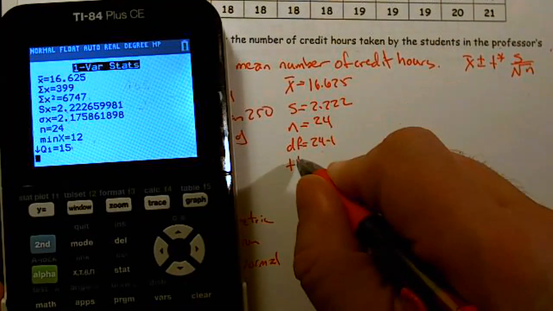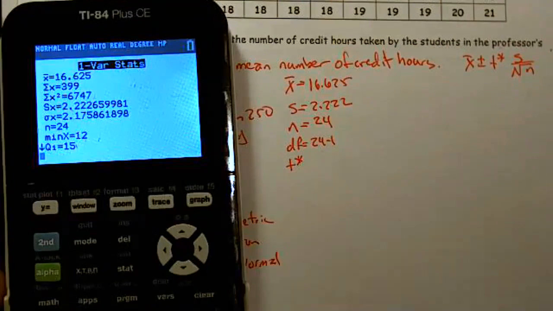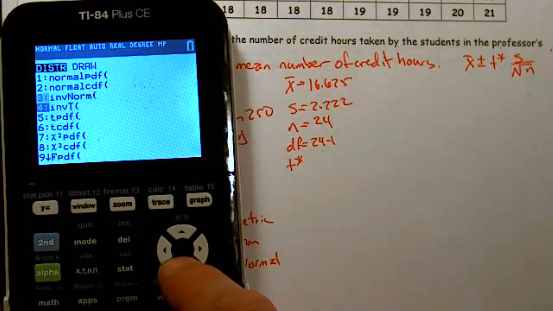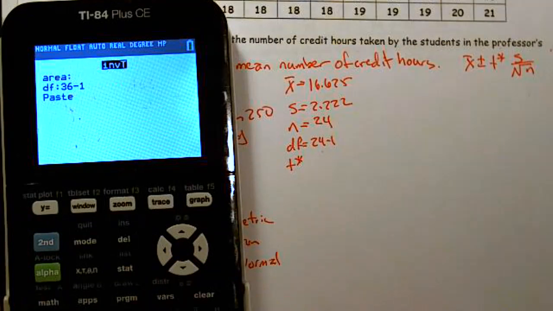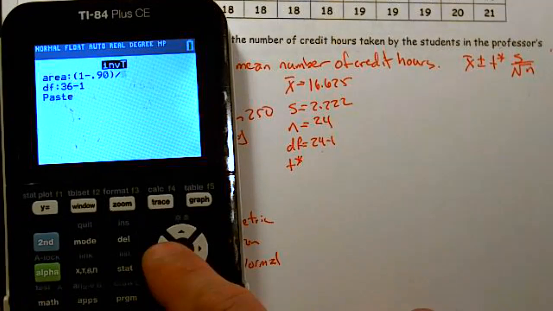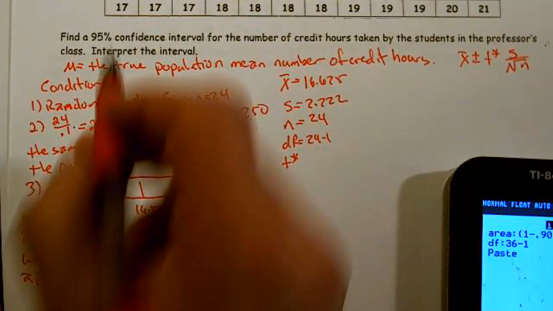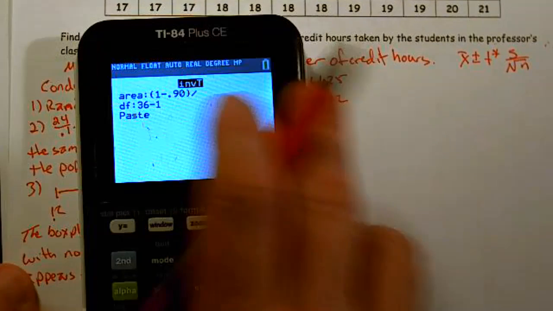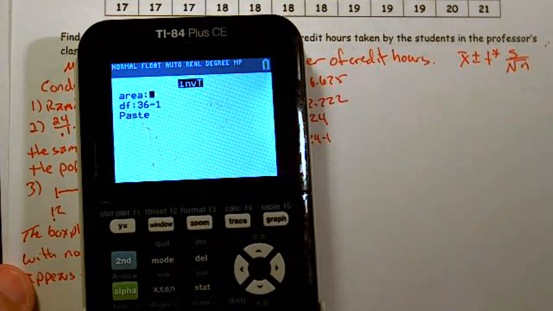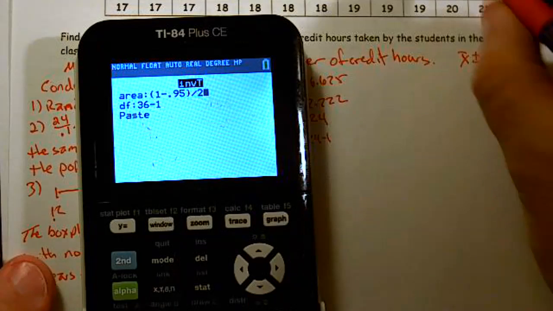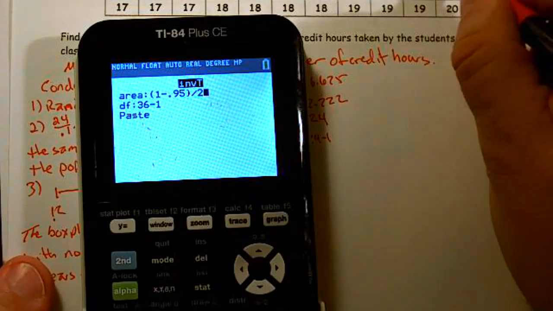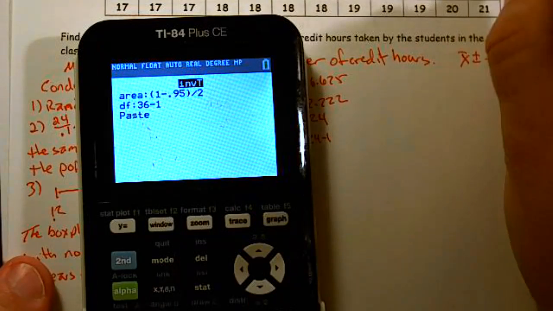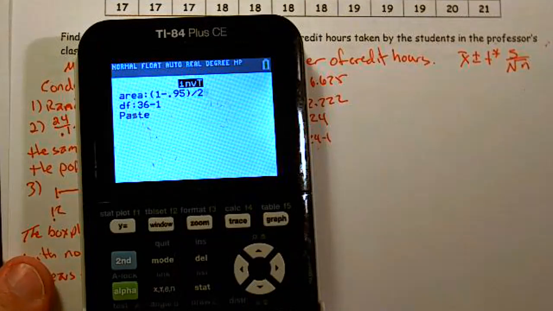And we need to calculate t star. So let's go back and calculate t star. So 2nd VARS, invT, parenthesis 1 minus 0.90, close parenthesis, divided by, oh, excuse me, not 90, it's supposed to be 95%, divided by 2, because we're looking for a lower and an upper centered at 0.95.